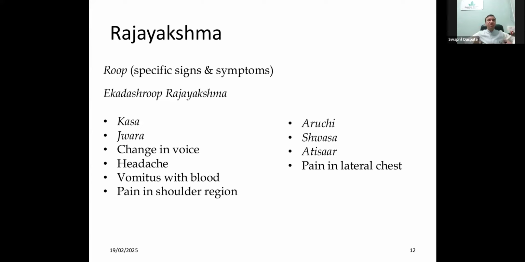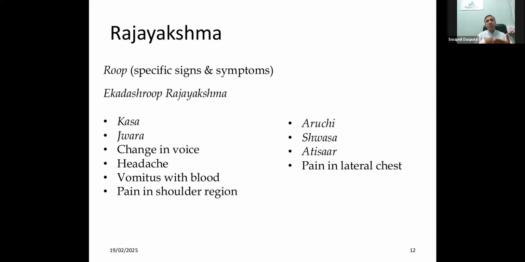So this region, okay, this region is related to which organs? Heart, lungs. Okay, so kapha dosha internally, and when there is aggravation of vata dosha, you will see pain in many parts of the body.